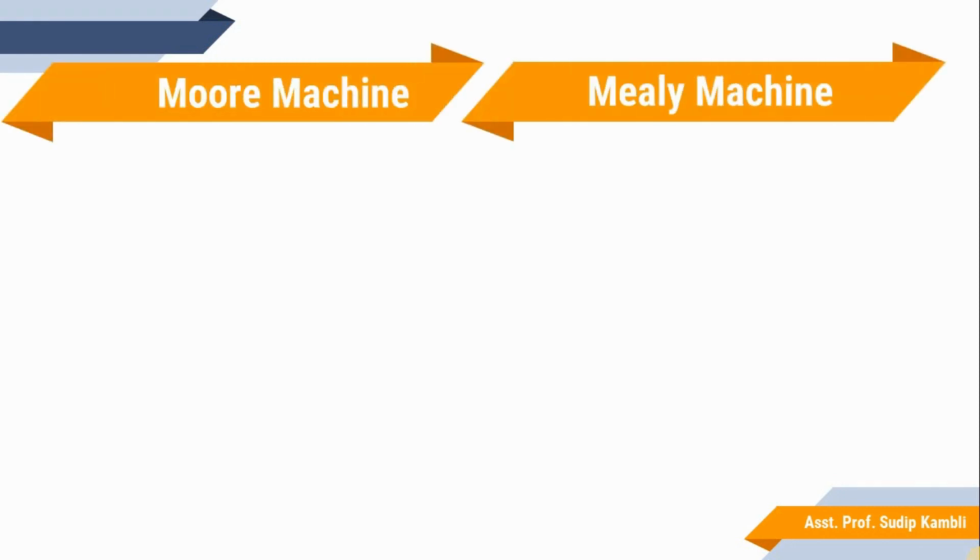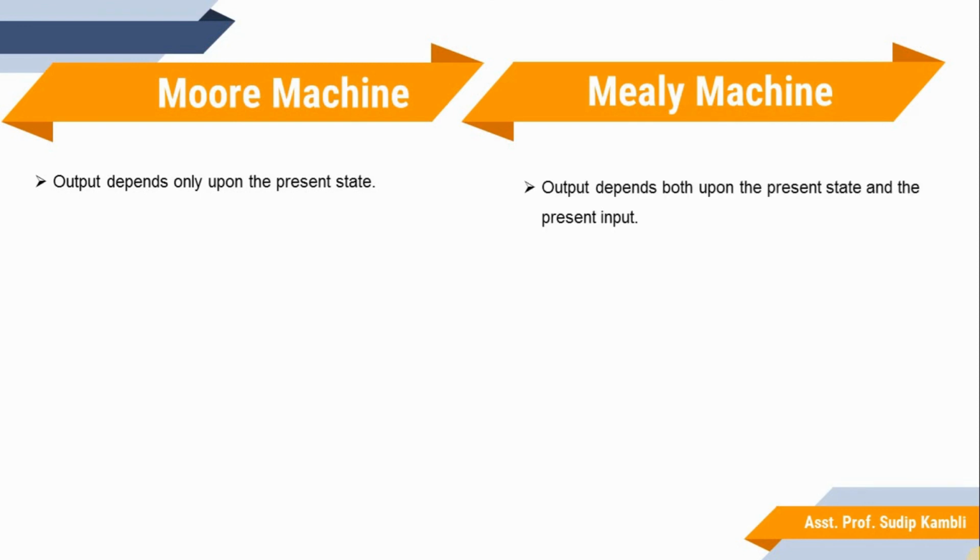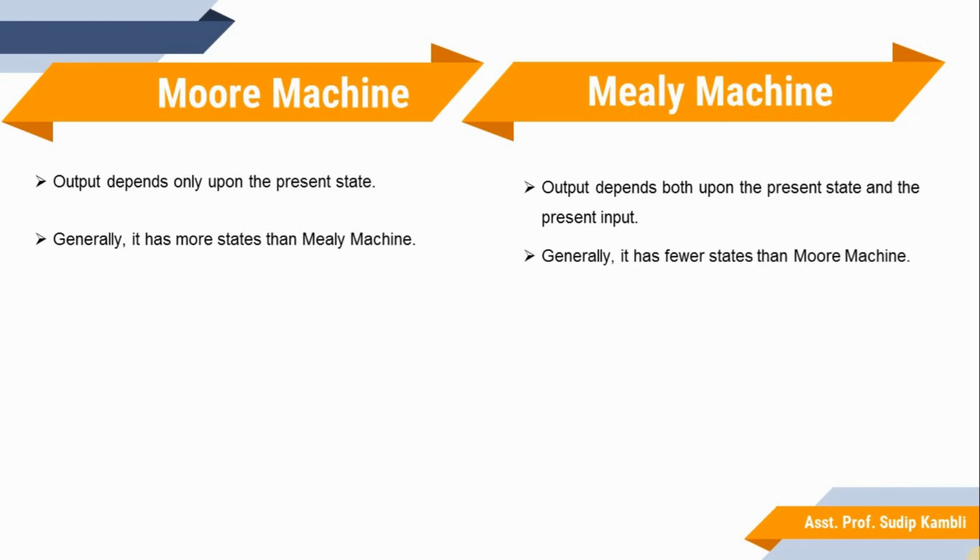In the next point, we explain the difference between a Moore machine and a Mealy machine. The following table highlights the points that differentiate Moore and Mealy machines. In a Moore machine, the output depends only upon the present state, while in a Mealy machine the output depends on both the present state and the present input. Next, a Moore machine generally has more states than a Mealy machine, and a Mealy machine generally has fewer states than a Moore machine.